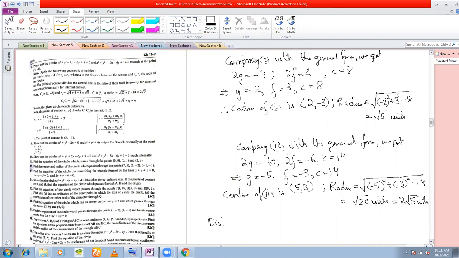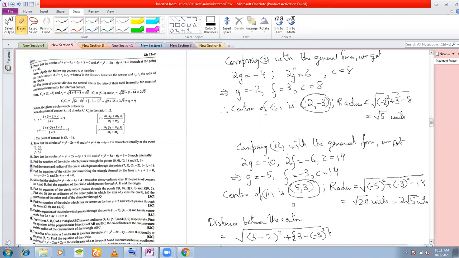What is the distance between the centers? Distance between the centers is square root of, what are the centers? This is one coordinate and this is the other coordinate. So you get 5 minus 2 whole square plus 3 minus of minus 3, which is 3 plus 3, whole square.